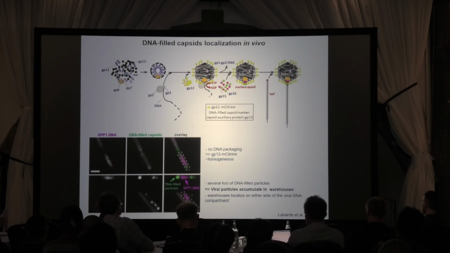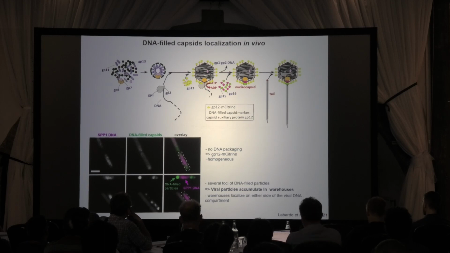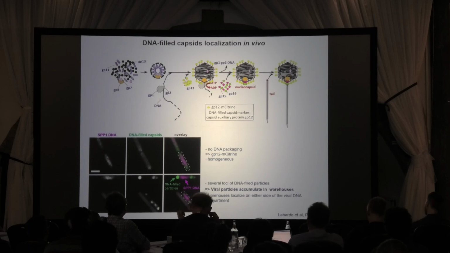So you package in this viral DNA compartment, but then particles are segregated into the outside area of the cytoplasm, and they form another type of compartment there. We also visualized this by electron microscopy. These warehouses localize on either side of the viral compartment, not much overlapping with it.